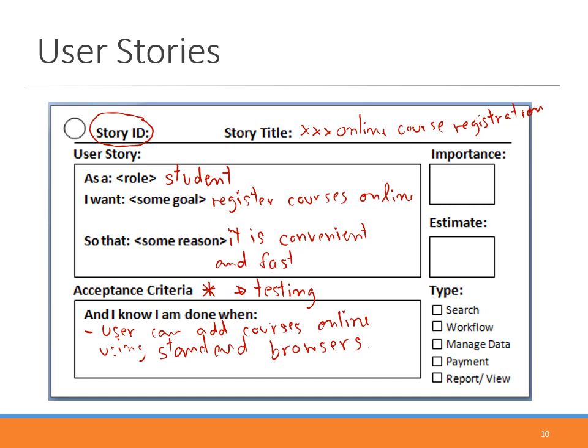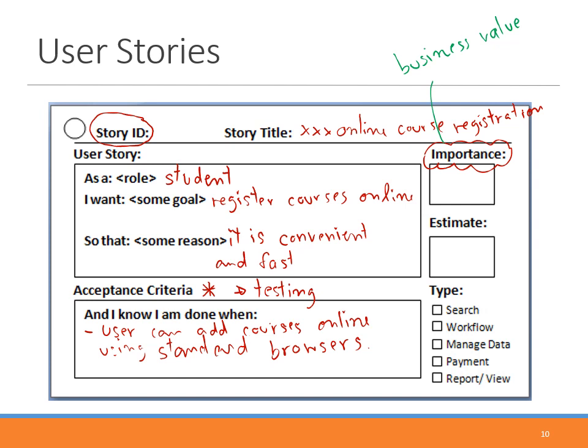What else do we have to fill in as a user story? The importance. What is it? Remember we talked about the terminology. One terminology is called business value. We should be able to identify how important the user story is compared to others.